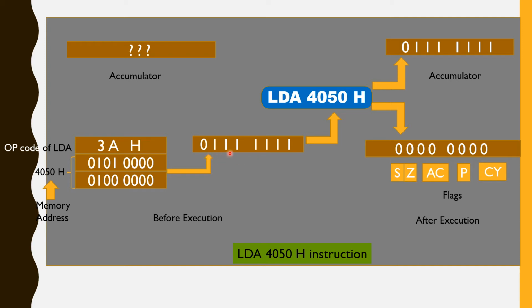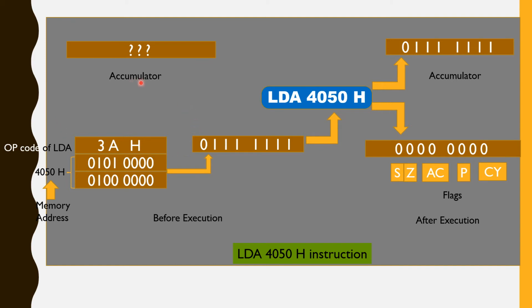Here 0111 means 7 and all 1s means 15, that is F. So 7F data is stored at 4050, and because of this instruction, the contents stored at 4050 will be loaded to the accumulator. This is the situation before the execution.